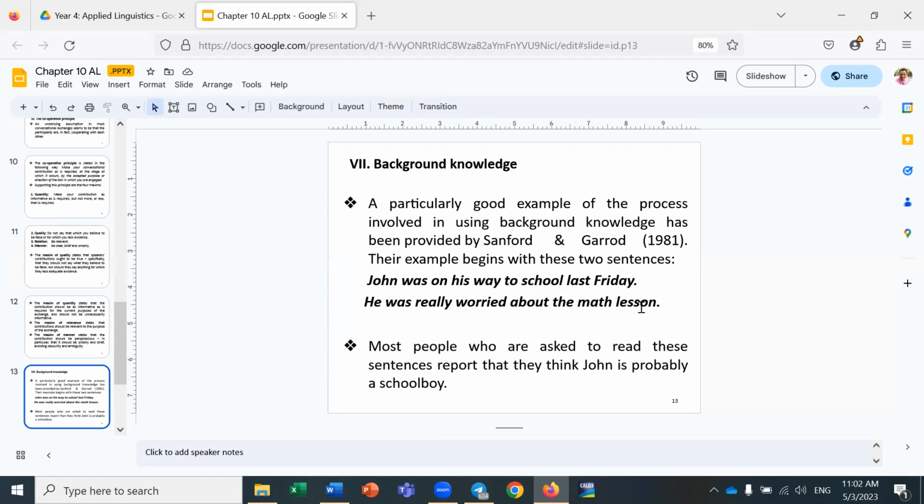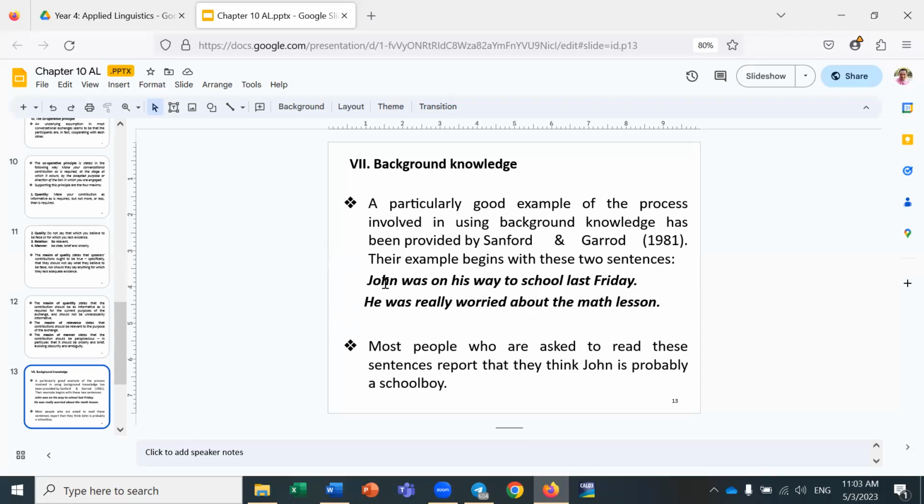If you read these two example sentences without background knowledge, everyone will come up with a different interpretation. Everyone will say that John is a schoolboy and that he is on his way to school. You will probably be guessing that John is walking, or maybe riding in a car, or taking the bus, things like that.